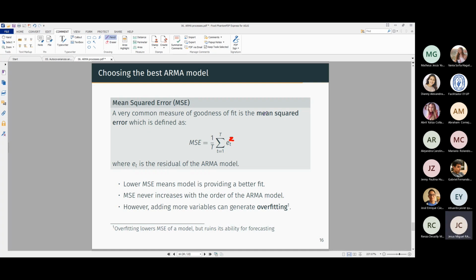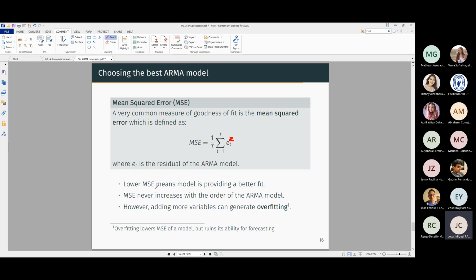The mean square error is just the mean of the sum of the square of errors after the estimation of the model. So you estimate the model, compute the errors, then you take the average of the square of those errors.